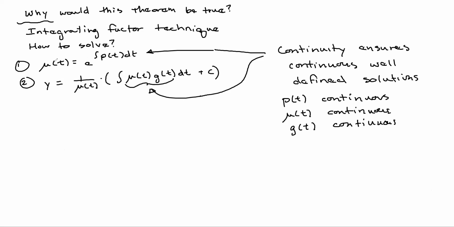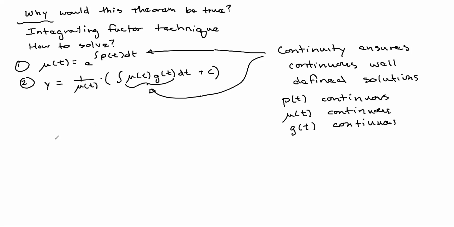If I've got a nice mu of t that's continuous and g of t is also continuous, then I'm guaranteed to get a nice continuous result from this integral, and then I'm guaranteed to get a nice solution for y. It's just this chain reaction: if you've got continuity, then you get continuous results, which allows you to continue forward and keep integrating and get to the solution. That's the basic idea behind the theorem.